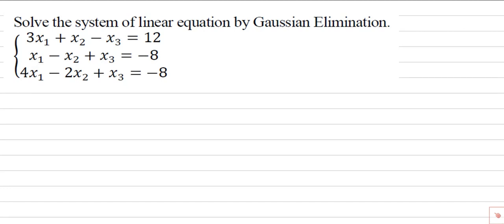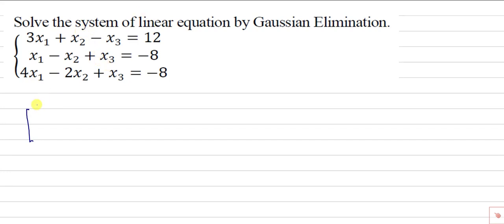If we want to solve this system of linear equations by Gauss elimination, first we should convert the system of linear equations to an augmented matrix. The augmented matrix is the matrix where we write only the coefficients of the system of linear equations in brackets, in a rectangular array.